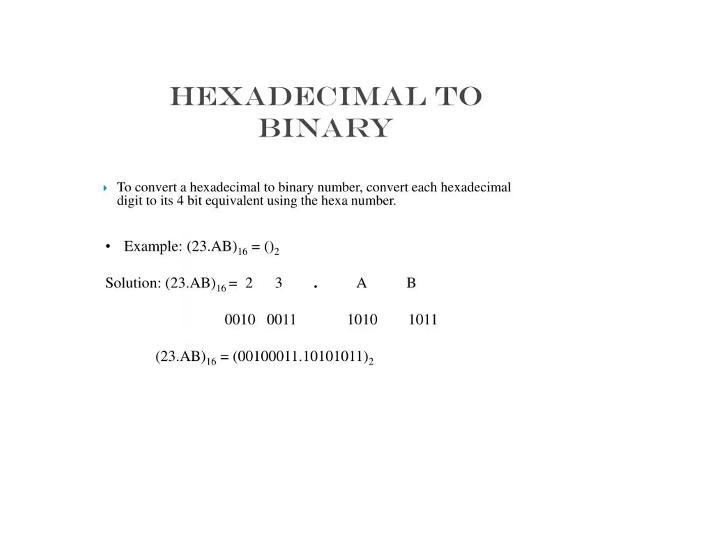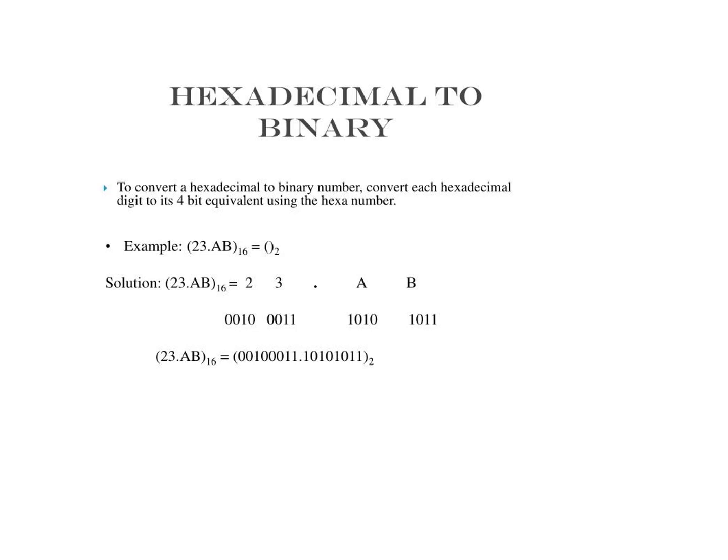Here is the example for converting the hexadecimal number 23.AB into an equivalent binary number. Converting hexadecimal to binary, convert each hexadecimal digit, that is 2, 3, A, B, to its 4-bit equivalent. 2 equals the 4-bit binary number 0010. 3 equals the 4-bit binary number 0011.